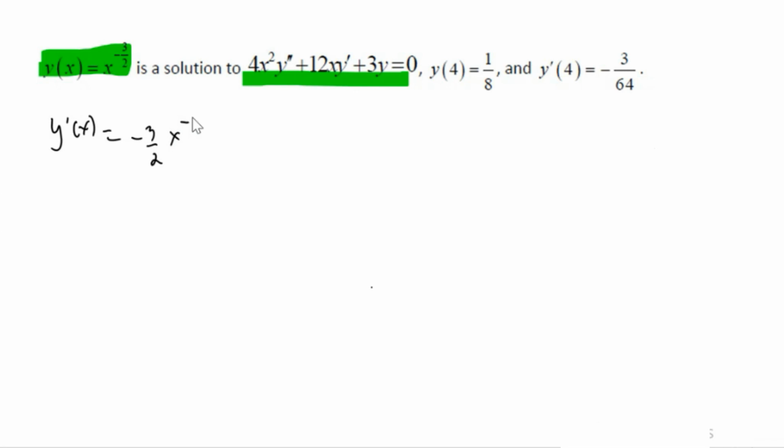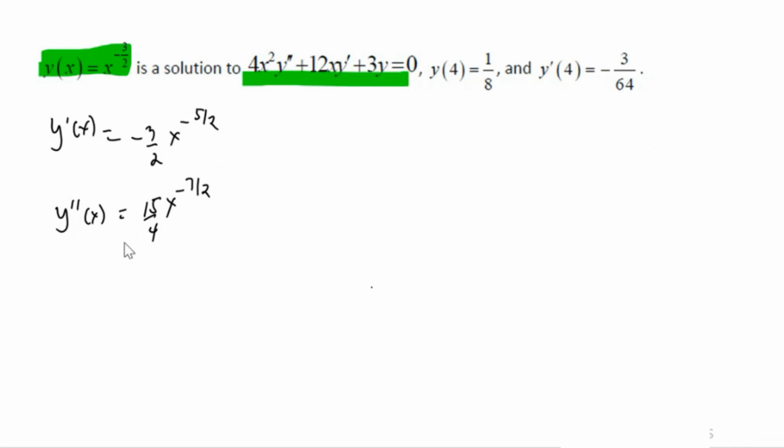So that is now negative 5 over 2. And after that, we take the second derivative. So we have negative 3 halves times negative 5 over 2. So we have positive 15 over 4 of x to the power of negative 5 over 2 minus 1. Then it becomes now negative 7 over 2.